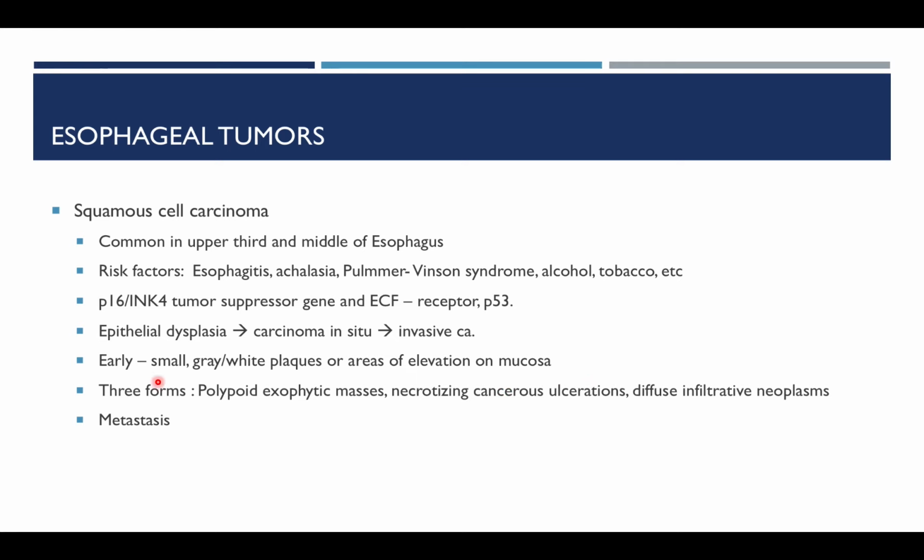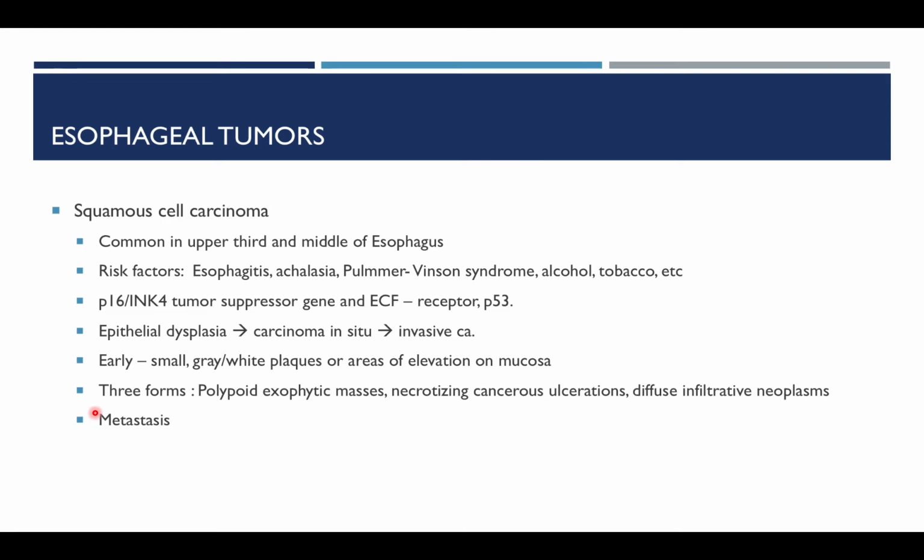In later stages, there can be three forms. You can have polypoid exophytic masses, necrotizing cancerous ulcerations, and diffuse infiltrative neoplasms. So polypoid exophytic masses are masses that will go outside the mucosa, necrotizing cancerous ulcerations, which will embed and excavate into the mucosa, and we have diffuse infiltrative neoplasms, which will most probably be flat.